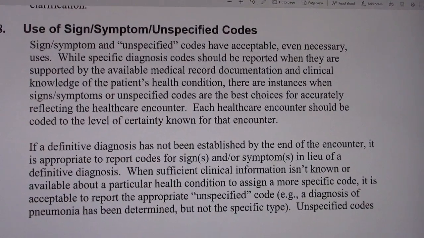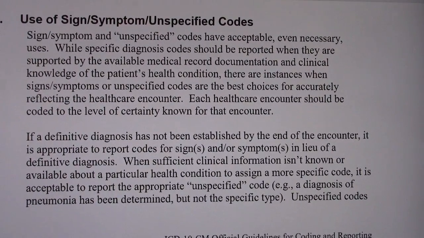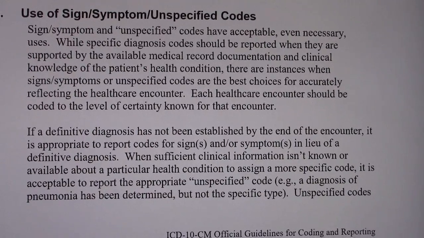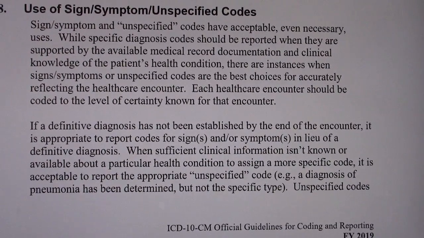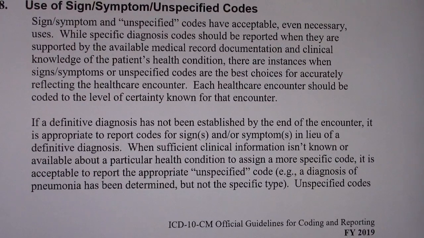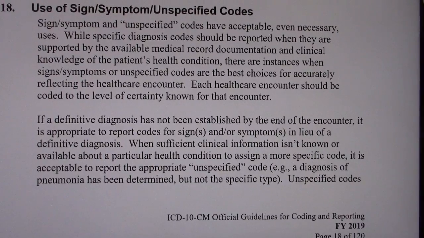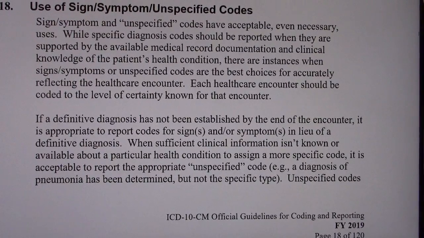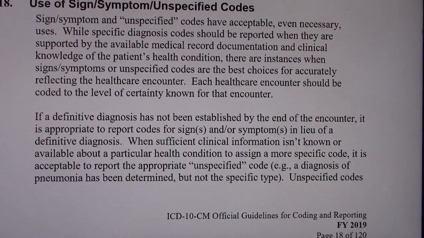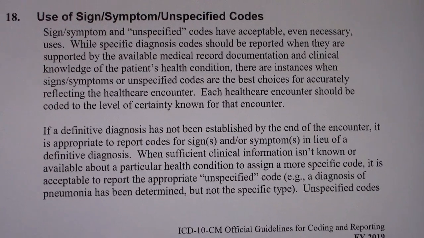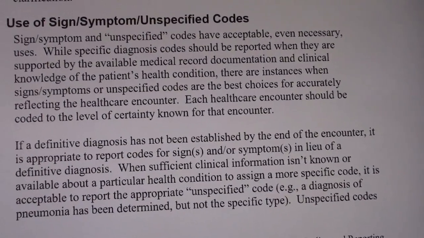If a definitive diagnosis has not been established by the end of the encounter, it is appropriate to report codes for signs and/or symptoms in lieu of a definitive diagnosis. When sufficient clinical information isn't known or available about a particular health condition to assign a more specific code, it is acceptable to report the appropriate unspecified code.